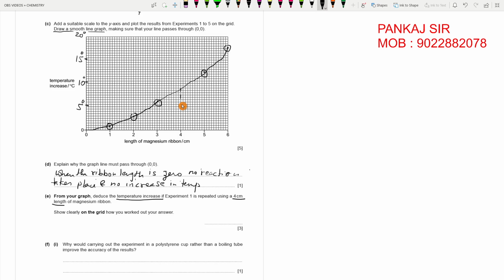So polystyrene is a good insulator, and this will prevent any heat loss to the surrounding.